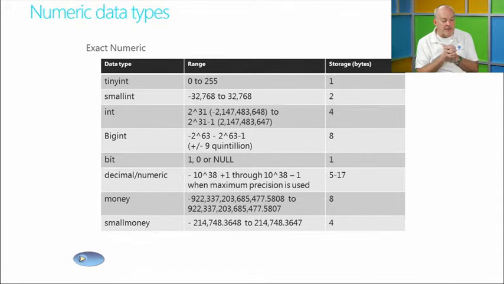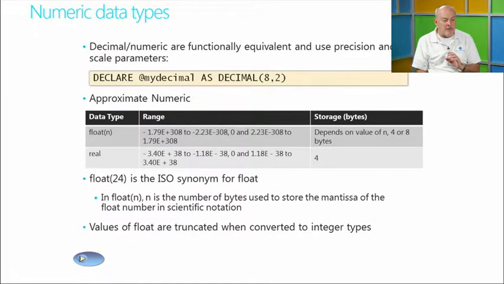We have bit, which is a 1 or 0 that's always returned to us. Decimal or numeric, when I'm concerned more about the precision. Money and small money, they must be looking at my paycheck for that one. So those are some of the exact numeric types. Here's an example: I could declare a variable called myDecimal as a decimal with 8, 2.